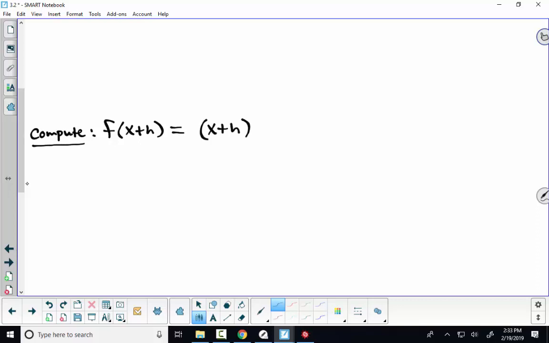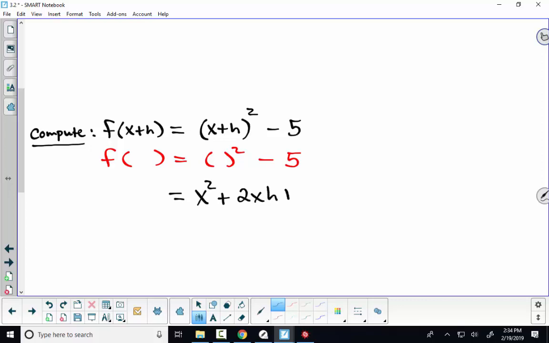We sort of computed this earlier. So there's f of x plus h, because our f of x is the input squared minus 5. So we have x squared plus 2xh plus h squared minus 5.